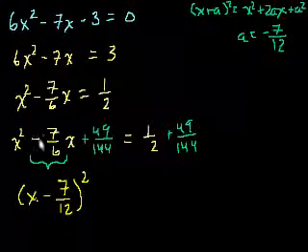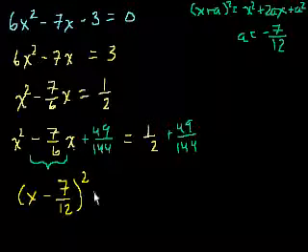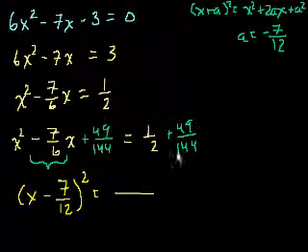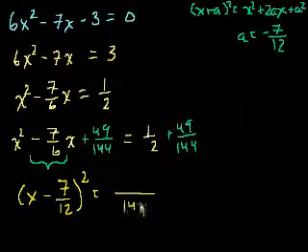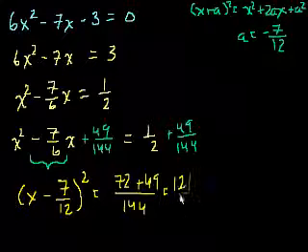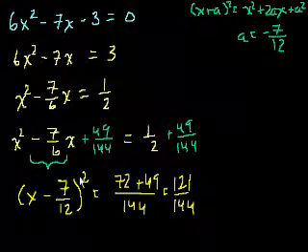And if you want, you can multiply this out and confirm that it truly equals this. And that is going to be equal to, let's get a common denominator, 144. So 72 plus 49 equals, what's that, 121. 121 over 144. So we have x minus 7/12, all of that squared, is equal to 121 over 144.